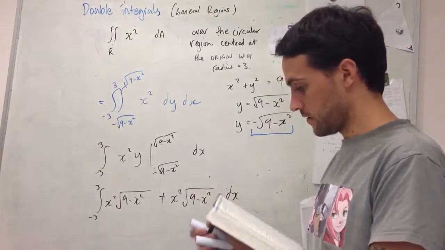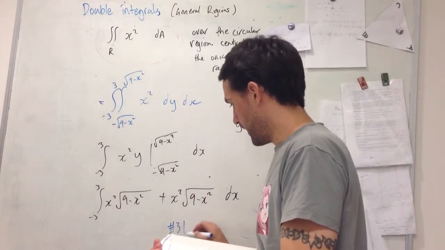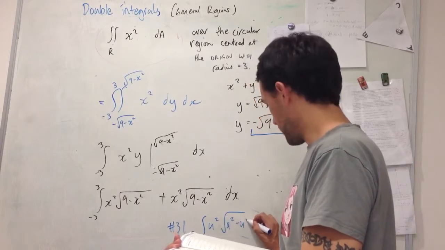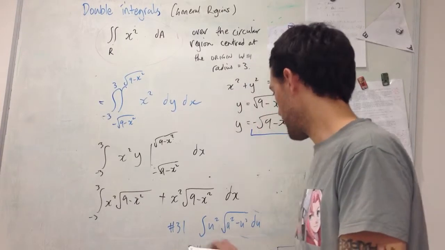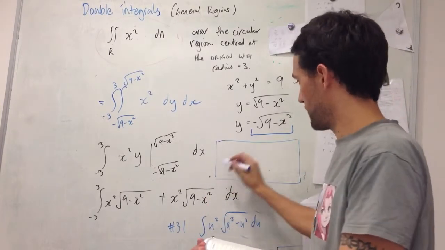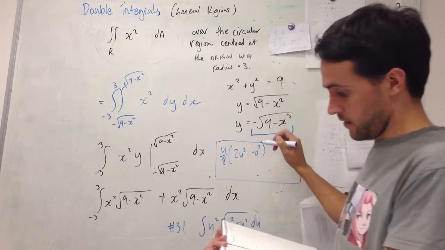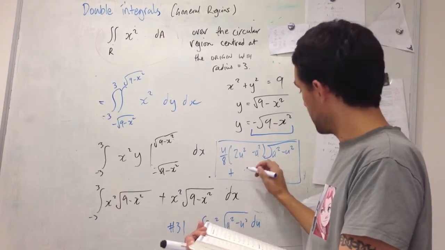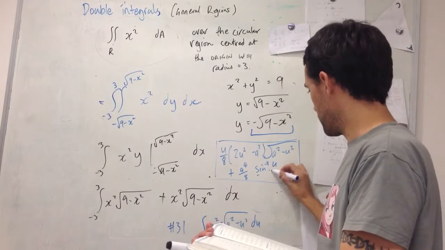If I look in my book, there's a standard integral, number 31, that the integral of u squared times square root of a squared minus u squared du equals u on 8 times 2u squared minus a squared times square root of a squared minus u squared, plus a to the 4 on 8 times inverse sine of u on a, plus c.